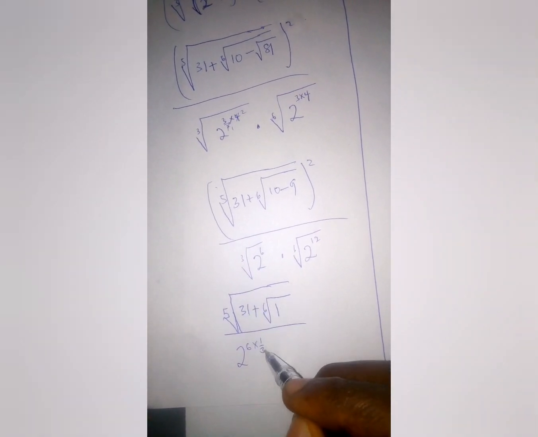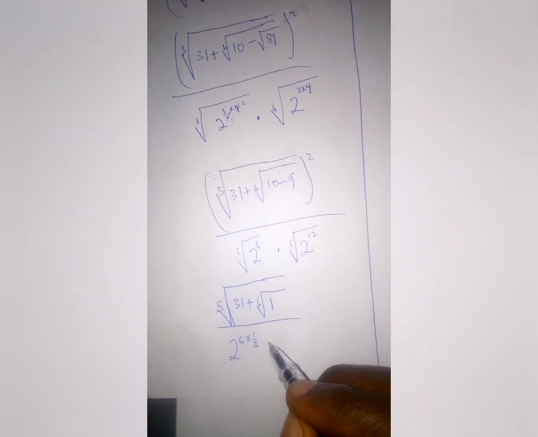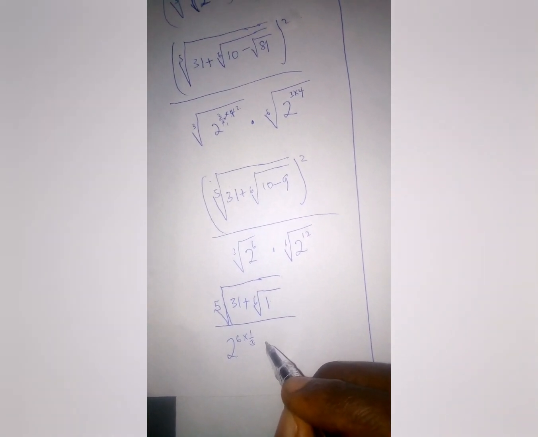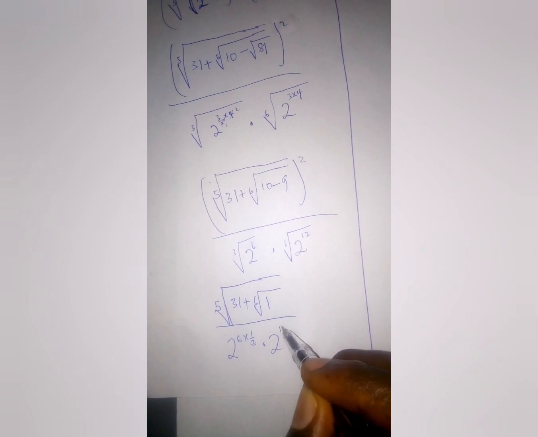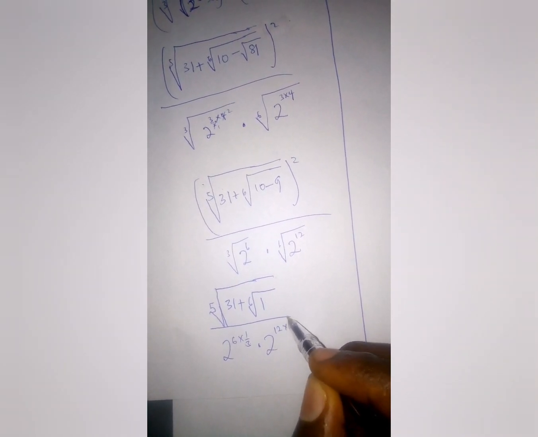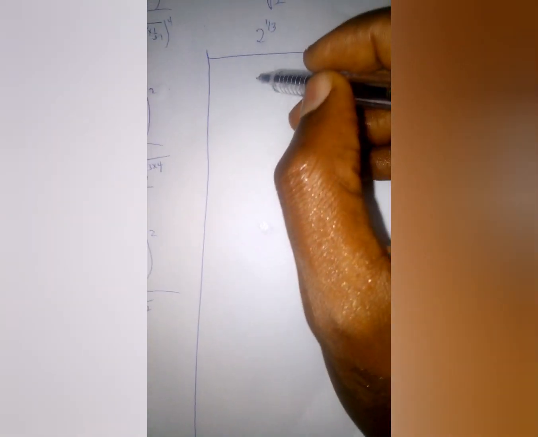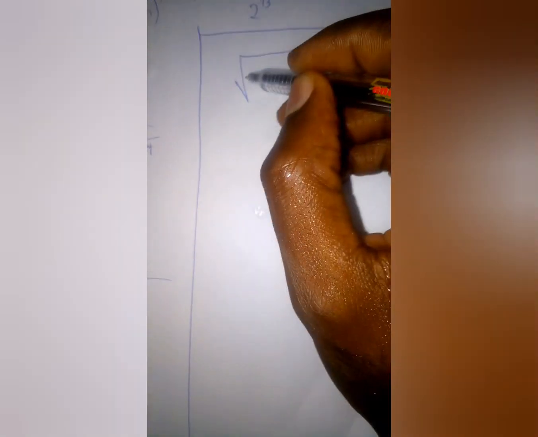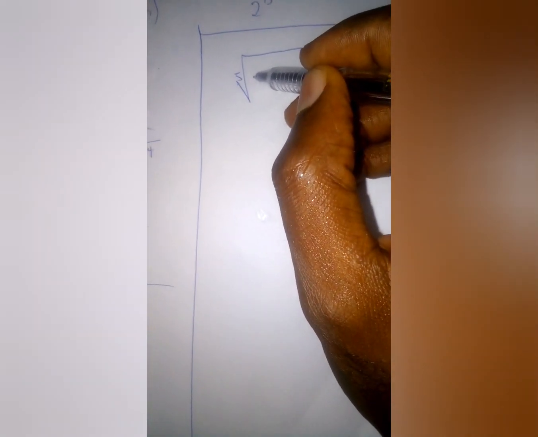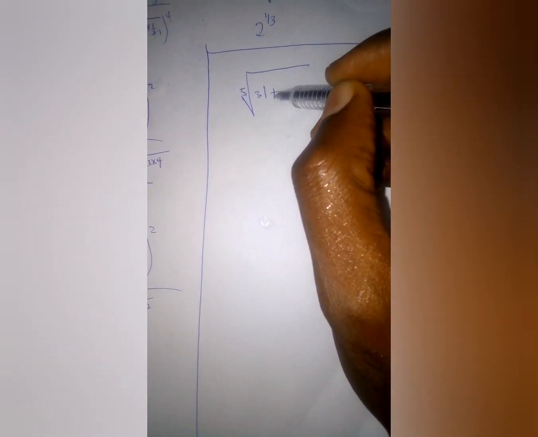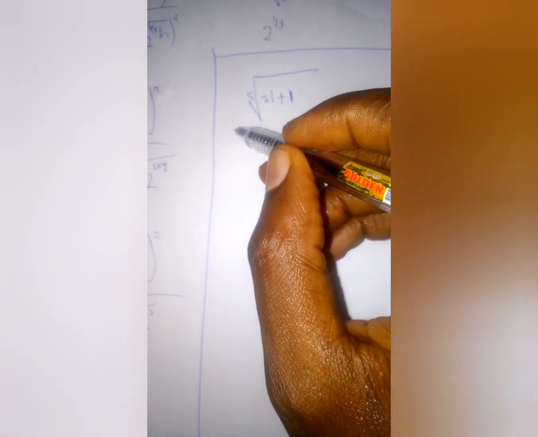The cube root of this gives the power of 1 over 3 times 2 raised to power 12 times 1 over 6. Okay, now proceeding to the next line here. Here we have the fifth root of 31 plus the sixth root of 1, which is 1. Even the 100th root of 1 will surely be 1.